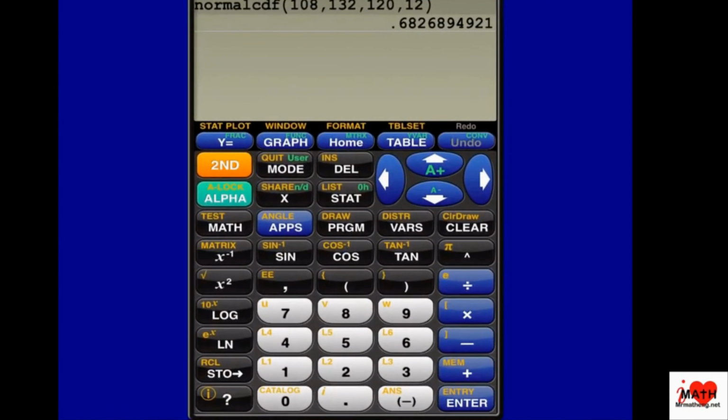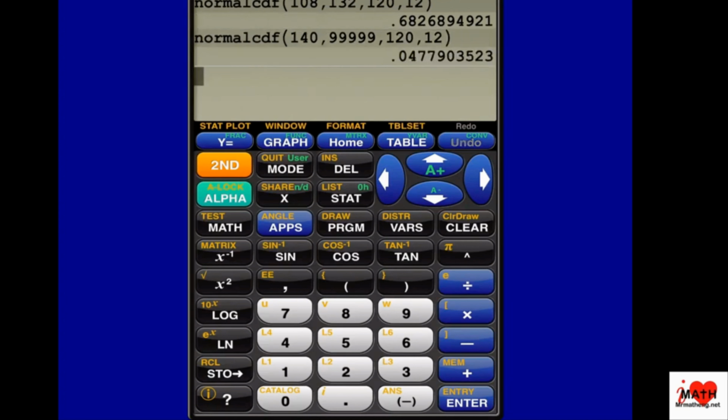Remember the trick is to press second enter, which repeats everything. So 140, 99,999, 120, 12. Boom.